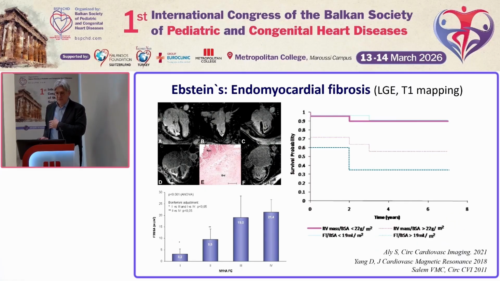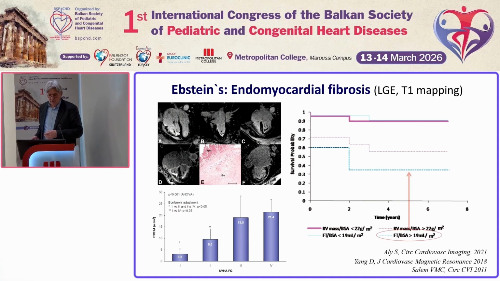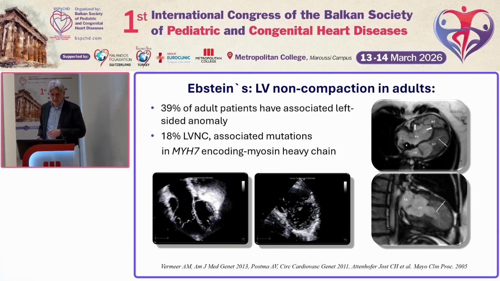These are data from MRI looking at endomyocardial fibrosis using T1 mapping, and you see that the more fibrosis you have, the poorer the outcome. So it's a very complex abnormality of the valve and the myocardium.